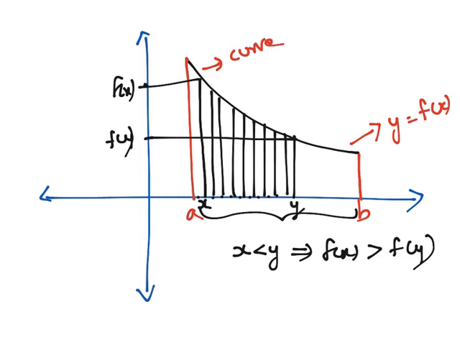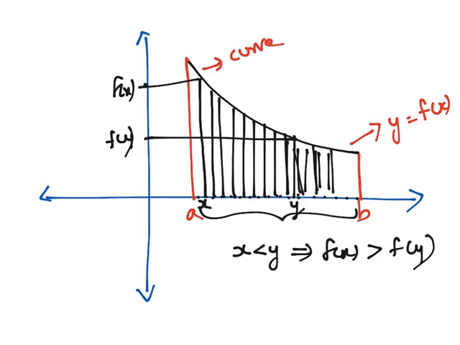You can see that x is smaller than y, but f of x is bigger than f of y. So as x becomes bigger and bigger, f of x becomes smaller and smaller. The other way around, as x becomes smaller, f of x becomes bigger. So basically something like an indirect variation, indirect proportion.